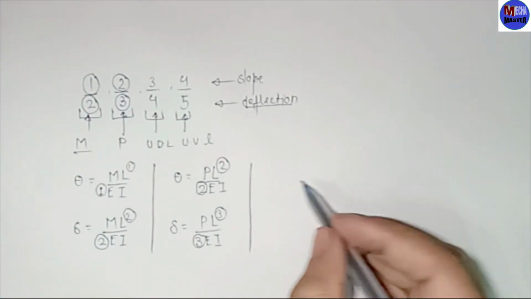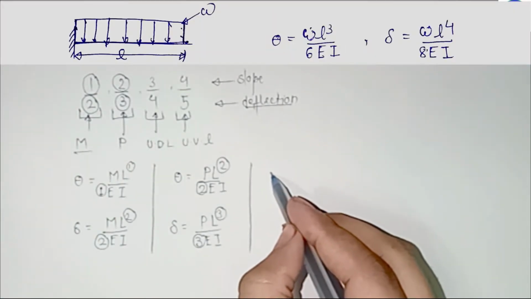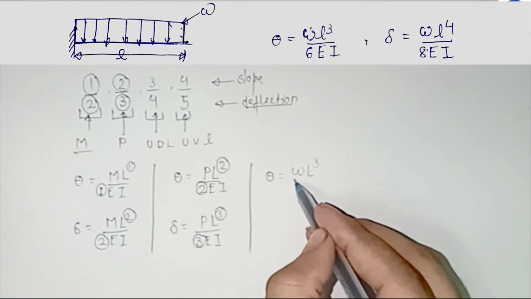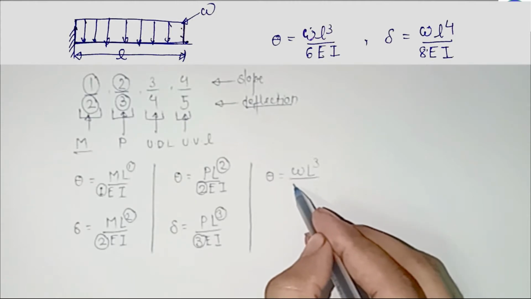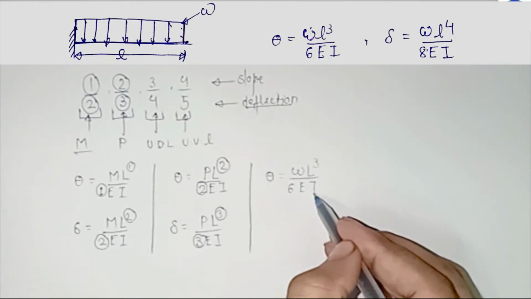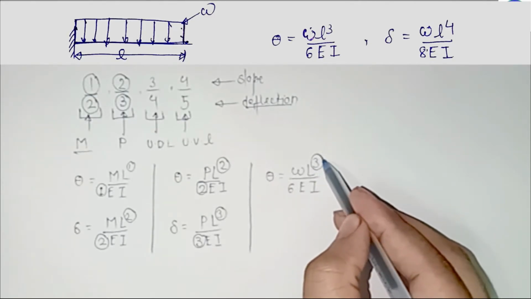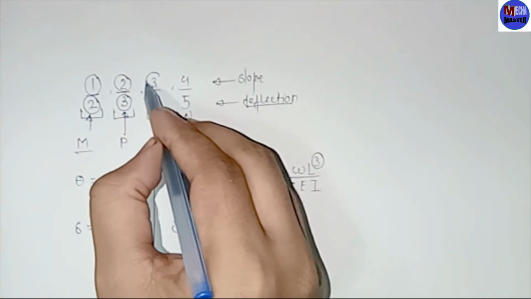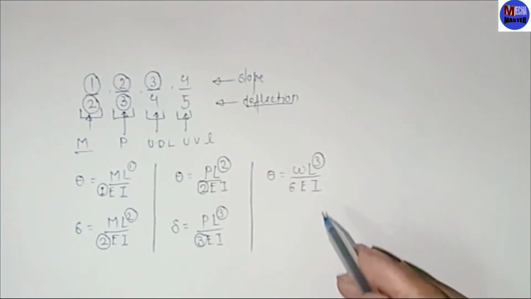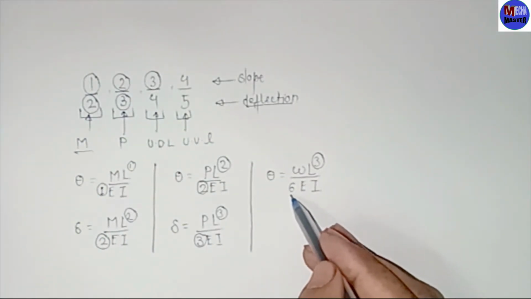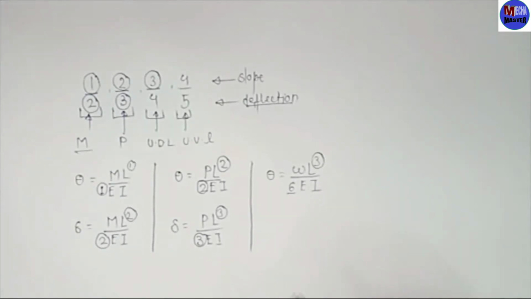Now for UDL, the formula for slope is WL cube upon 6 EI. We have used the power of L as 3 because we have written 3. This is the case of distributed load, so we have multiplied 2 in the 3.